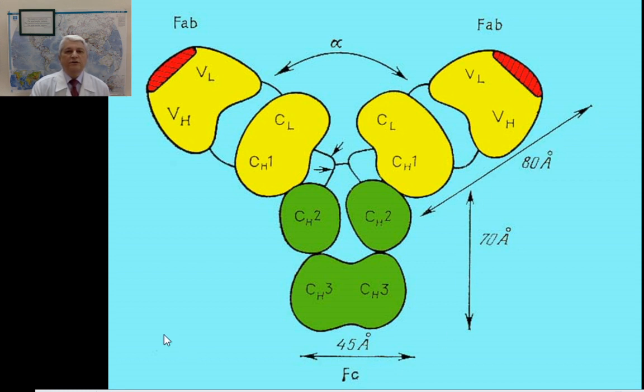They show the absolute size of the molecule of immunoglobulin. This molecule is very large, I told you about this, 150,000 molecular mass, but the length of the FAB fragment is 80 angstrom, while the FC fragment is 70 angstrom. So it is such a large molecule that it can be seen by the help of electron microscopy.